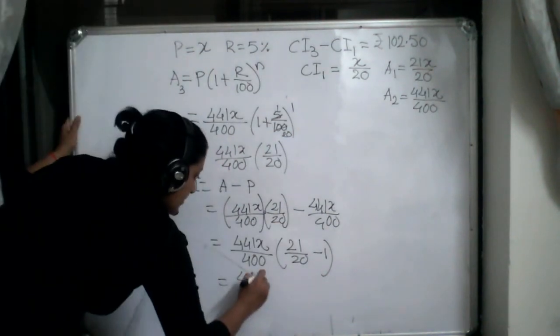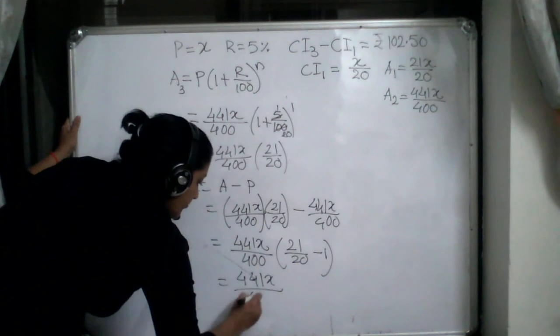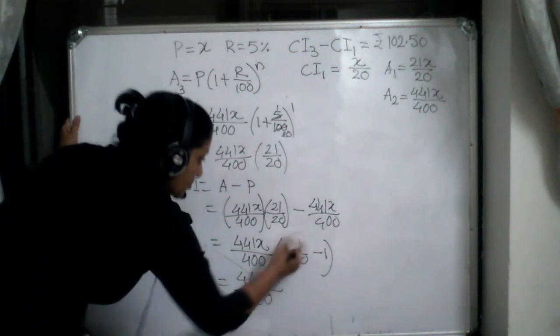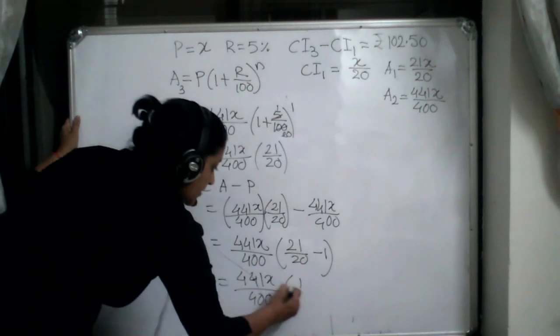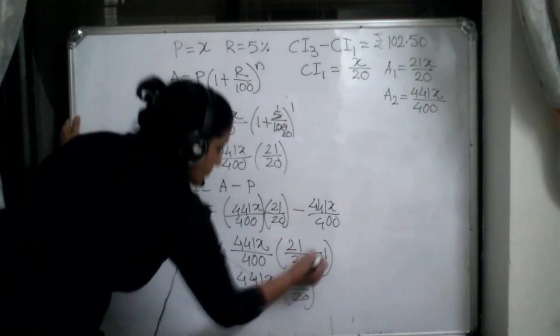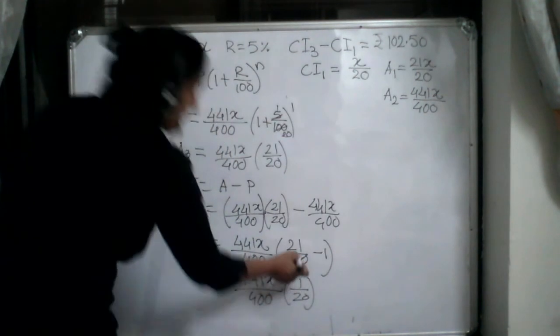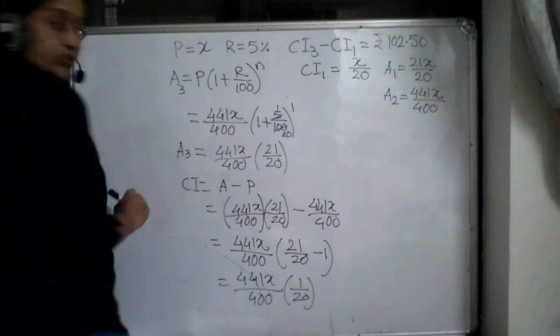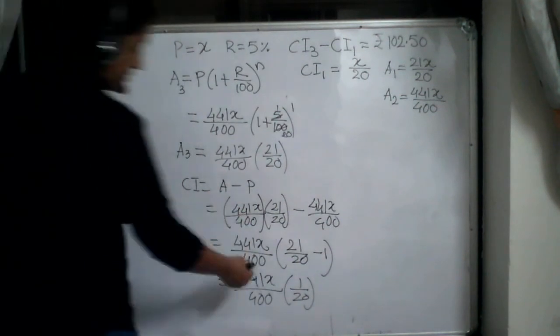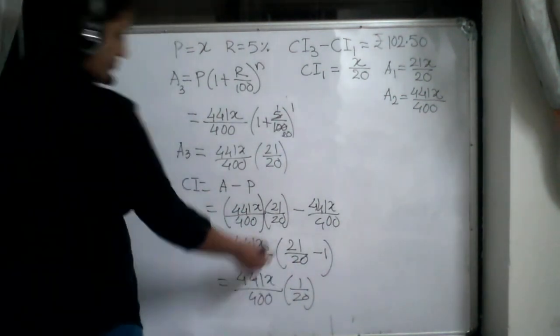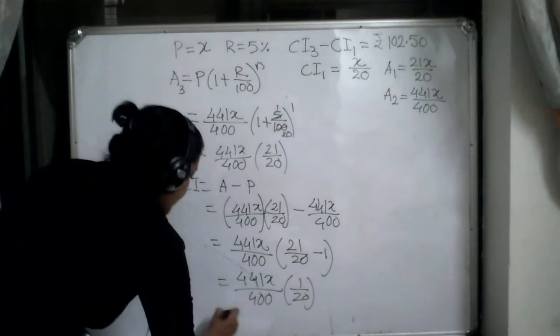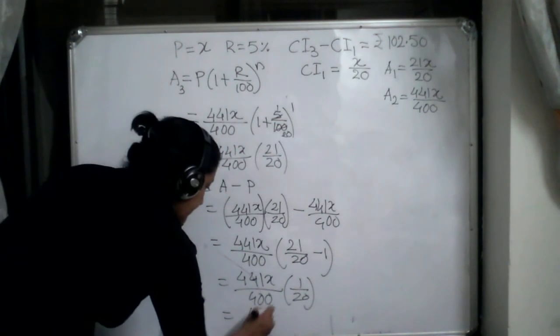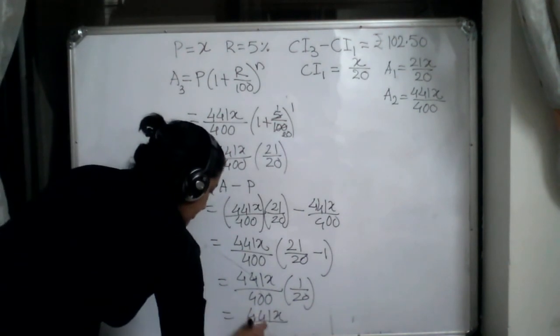Now 441x upon 400. Now what will this be? This will be 1 upon 20. How? Now find the LCM. What do you get? 20. So 21 minus 20 is 1, 1 upon 20. Now what will be the multiplication of this? 441x upon 8000. This is what?